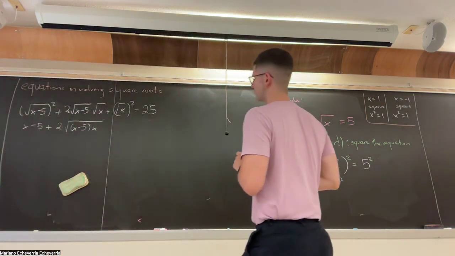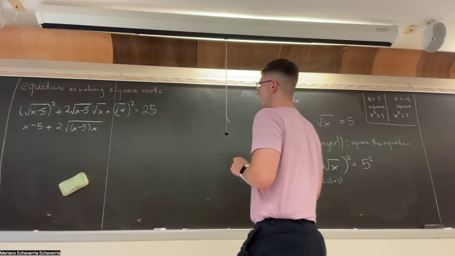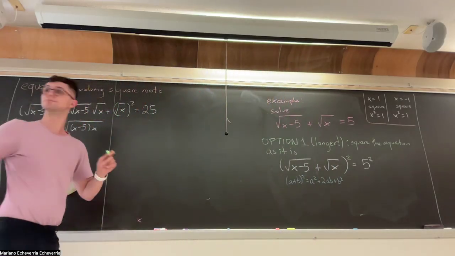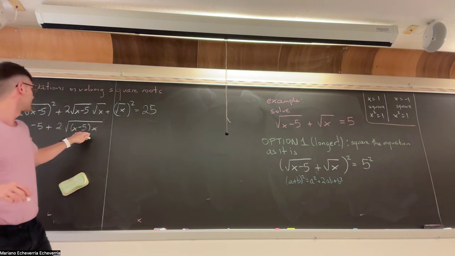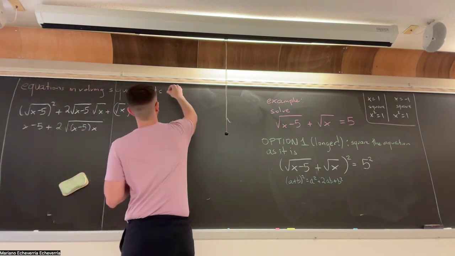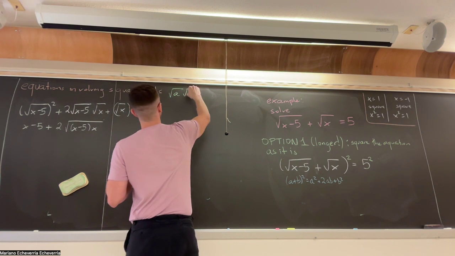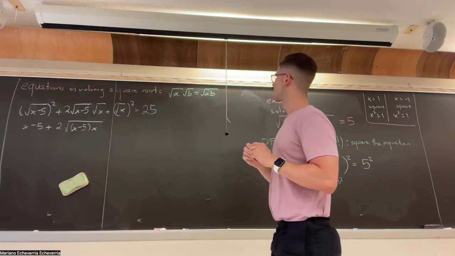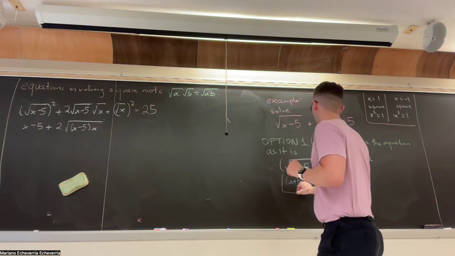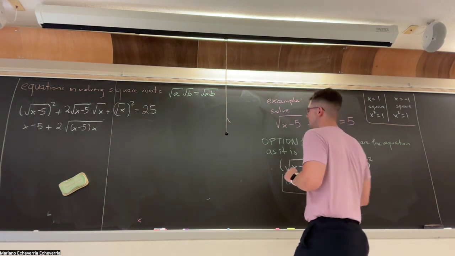That's just root of a times root of b is the same as root of a times b. Let me put in boxes the property that I'm using.